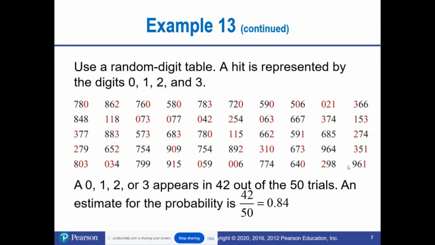If I were to count up how many red digits I have, there are 42, and that's out of the 50 trials. So we would estimate his probability for getting a hit as 42 out of 50, which would be 0.84.